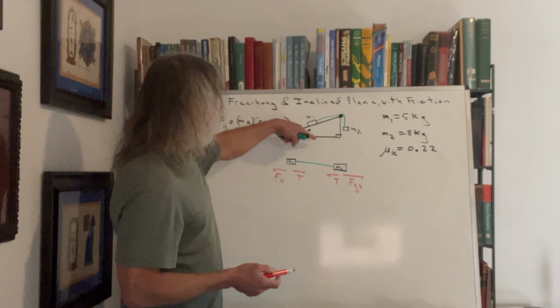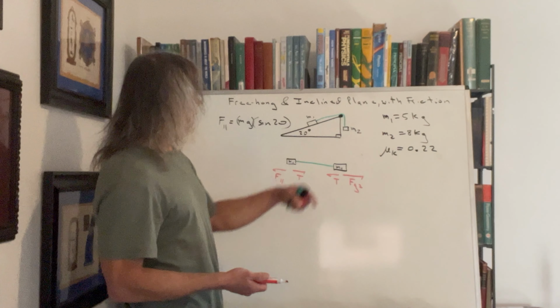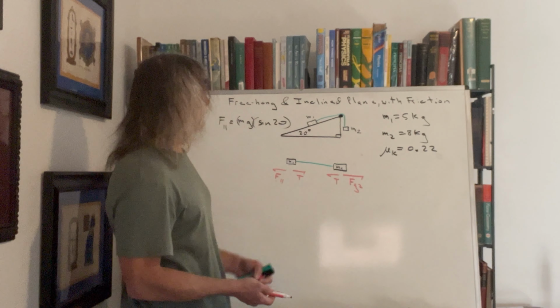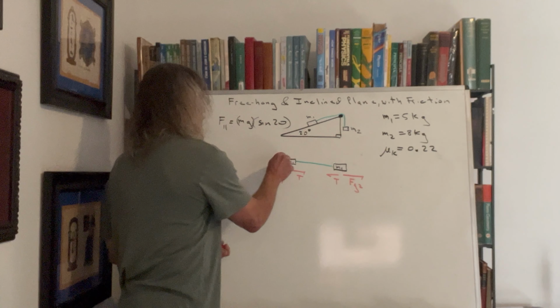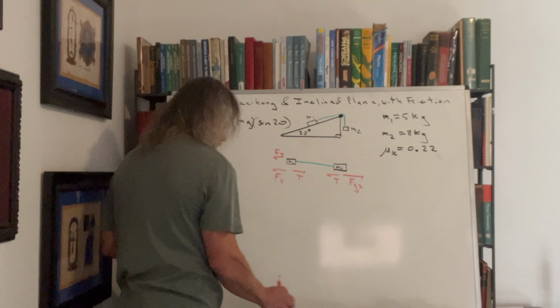And then we know, based on our thinking in general, our theory, our general context, this is going to be going this way, so friction would be acting this way.